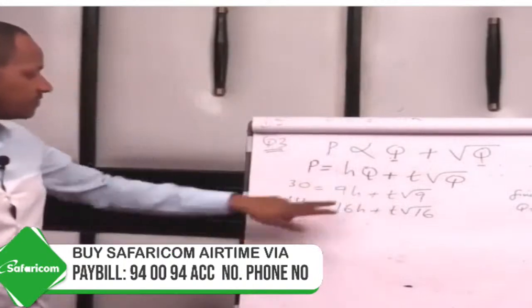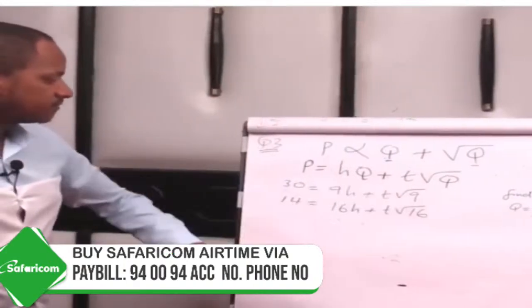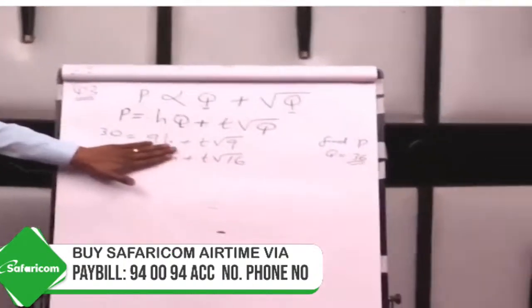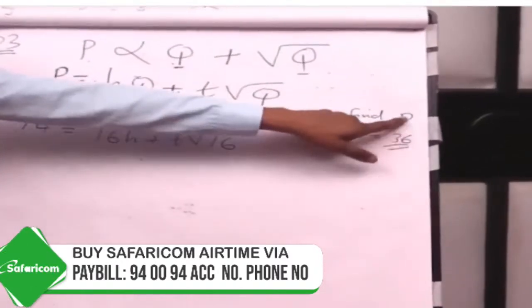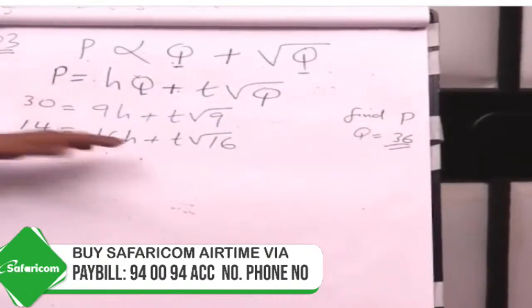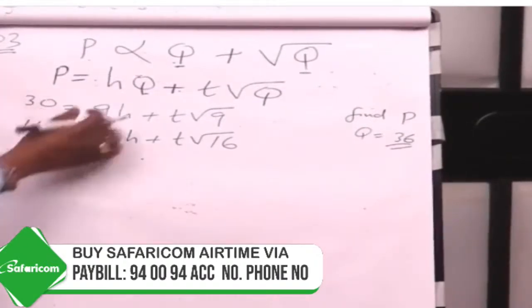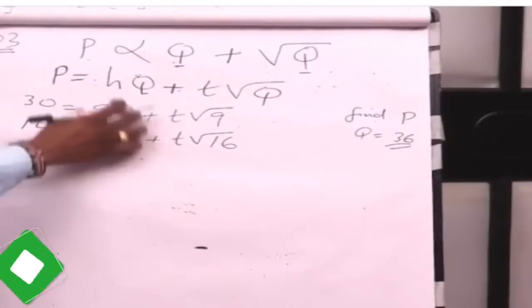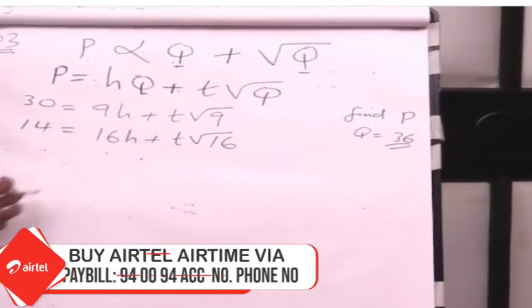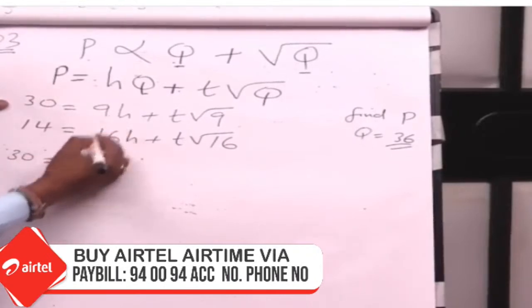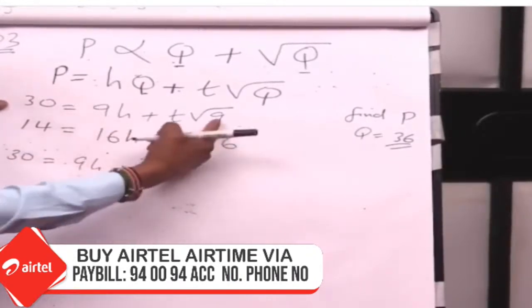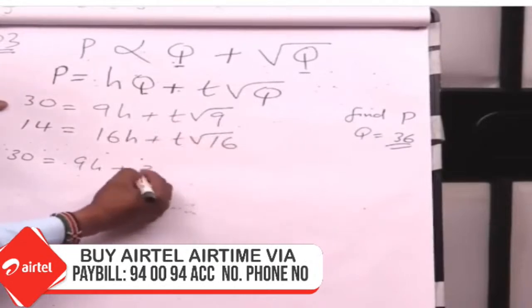So from here, we have two variables, H and T. We get the values of H and T, then we replace in this equation with Q as 36, and we get our value for P. So what do we do here? Very fast. 30 equals 9H plus the square root of 9, which is 3, times T, so 3T.